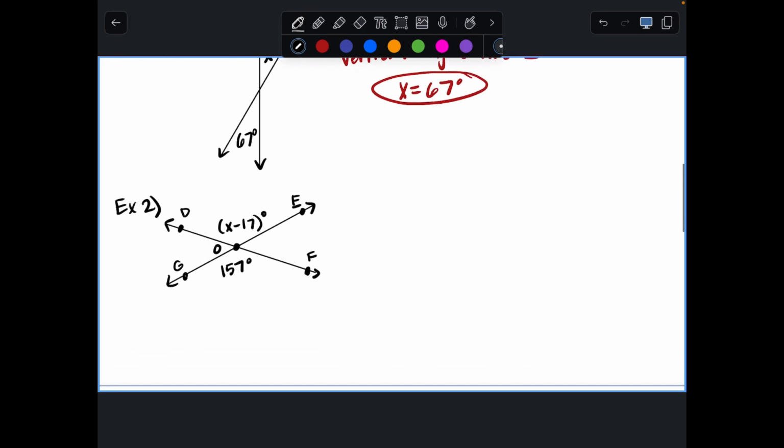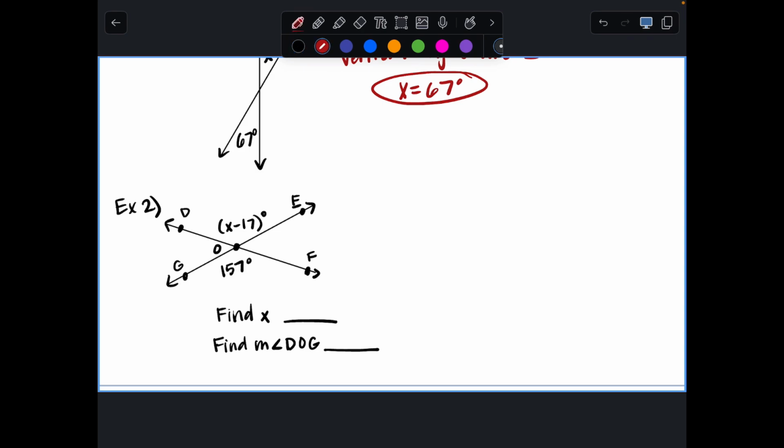So in this example, I want you to find x and find the measure of angle DOG. So we know that vertical angles are congruent.